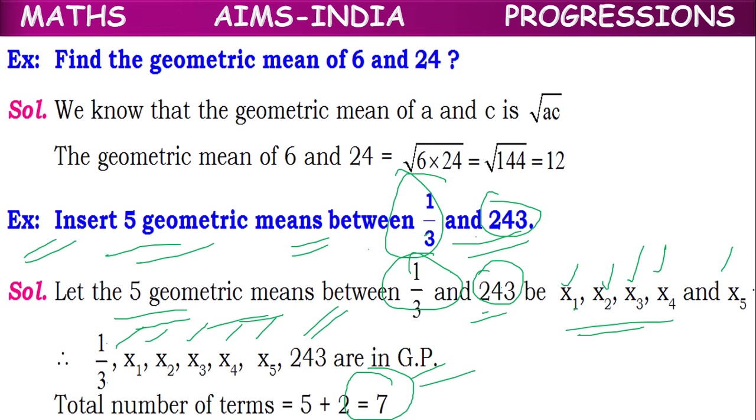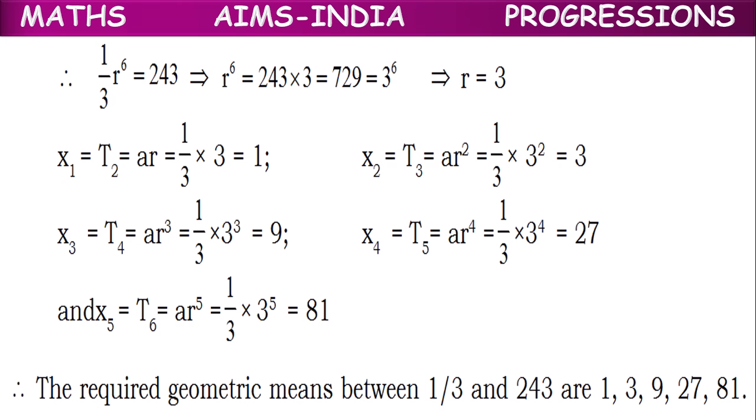Where the 7th term is 243. The formula for the nth term is Tn equal to a into r power n minus 1. In the same way, the formula for the 7th term will be a into r power 7 minus 1, or a r power 6.